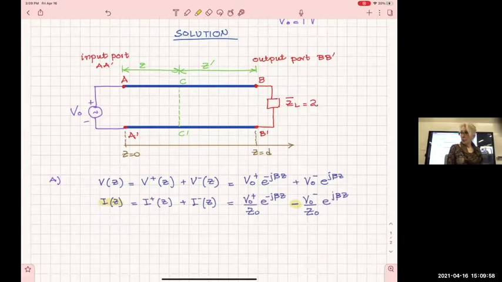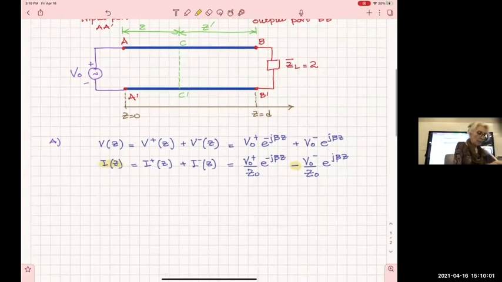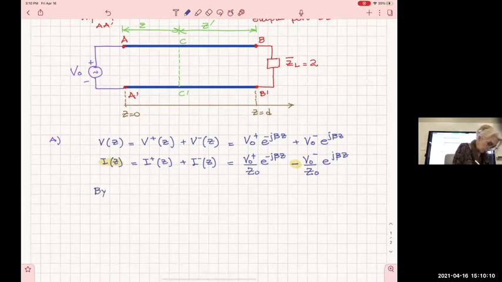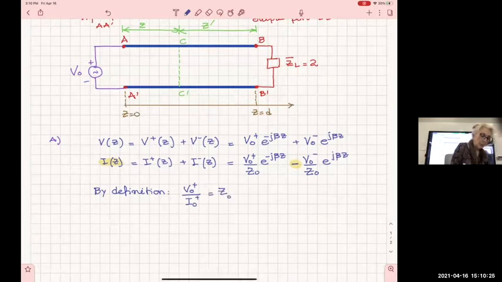Why is that? Because we have defined the V0 plus, V0 minus, I0 plus, and I0 minus. So by definition, we have stated that V naught plus divided by I naught plus is Z naught, and V naught minus divided by I naught minus is minus Z naught.